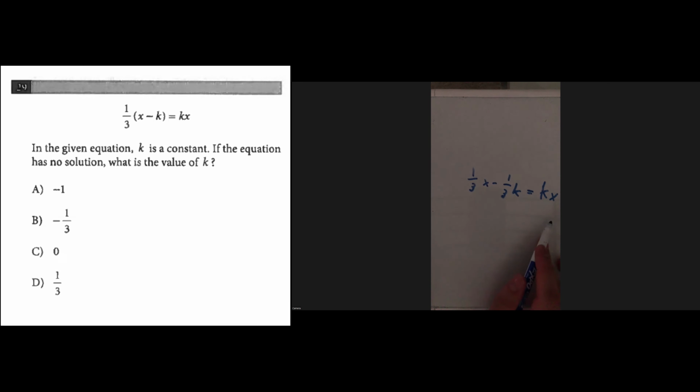Well, for this equation to have no solution, k would have to have the same value as the coefficient in front of this x. So k would also have to be 1/3. And how we can prove this is 1/3 x minus 1/3 times 1/3 equals 1/3 x.